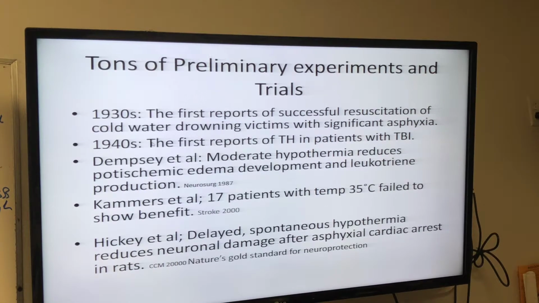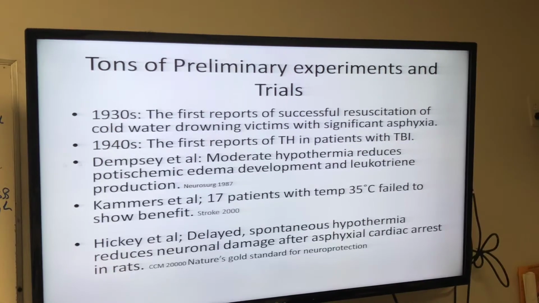In the 1930s, there were first reports of successful resuscitation of cold water drowning victims with asphyxia, and that came from Russia. In the 1940s, the first report of using therapeutic hypothermia medically to treat patients with traumatic brain injury.